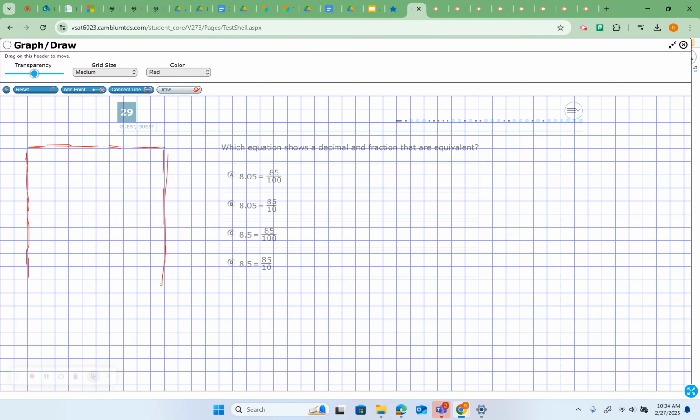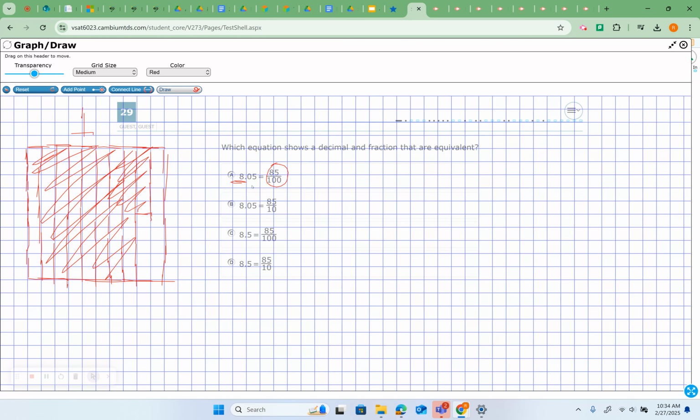This one, 85 hundredths, is going to be 1, 2, 3, 4, 5, 6, 7, 8, and then 5. So this whole part is 85 hundredths, but this one grid equals the value 1.